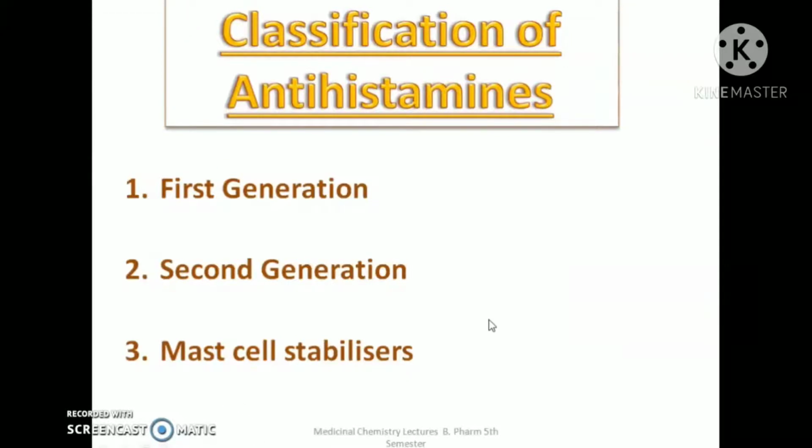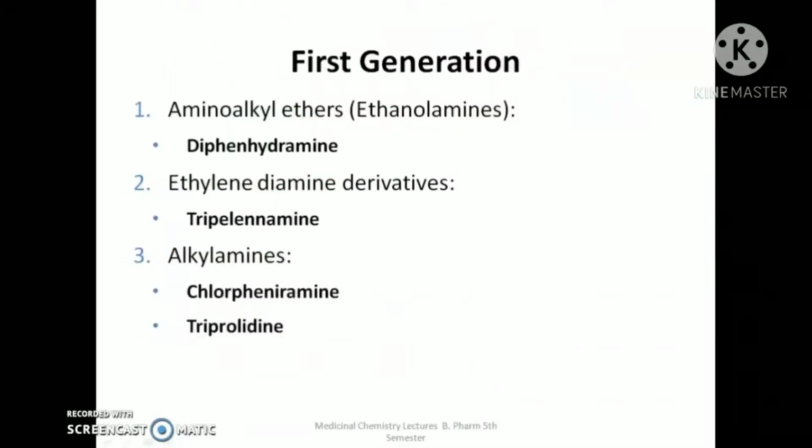As I had mentioned in the previous video, antihistamines are basically classified into first generation antihistamines and second generation antihistamines, depending upon their period of discovery. We have seen in the structural features that all antihistamines, especially the first generation antihistamines, are substituted ethylamine derivatives.